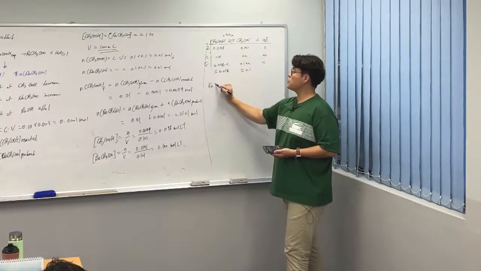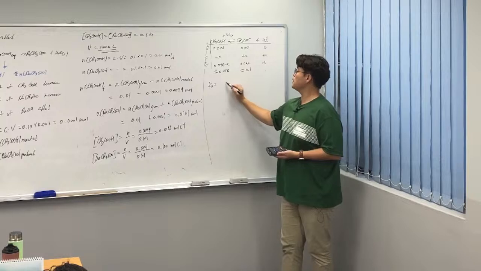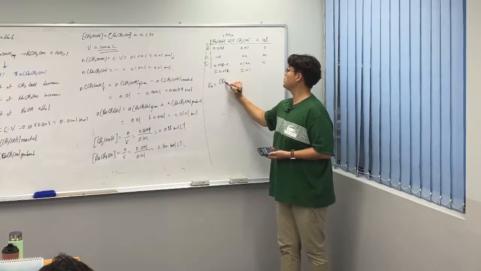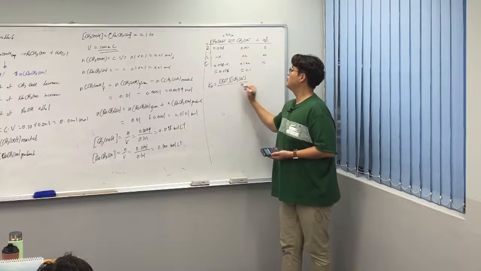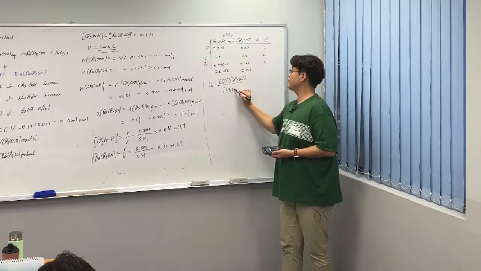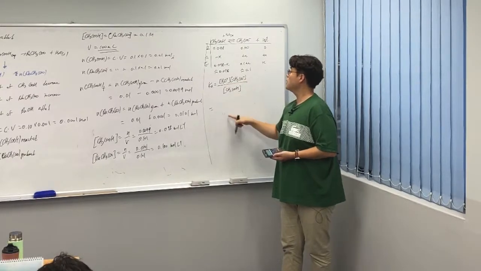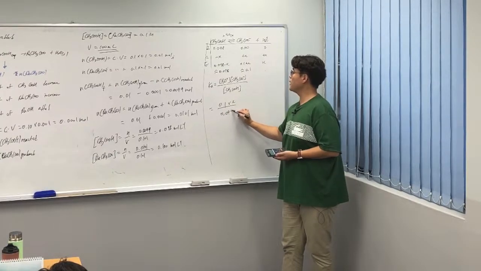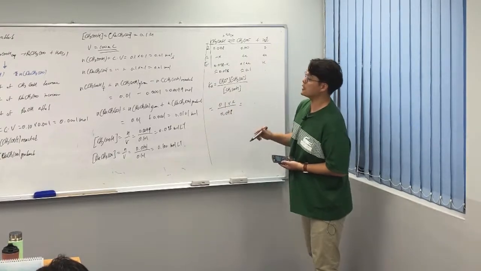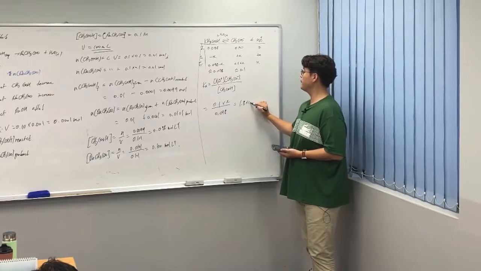So the Ka expression here again means that it would be hydronium ion times the acetate divided by acetic acid at the equilibrium. That is 0.1 times x divided by 0.098. Again, Ka is given as 1.8 times 10 to the power minus 5.